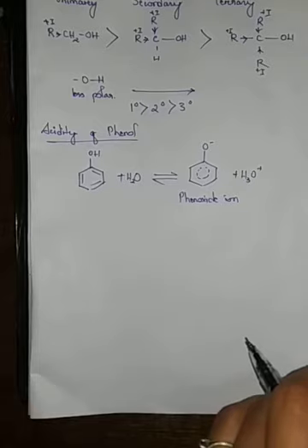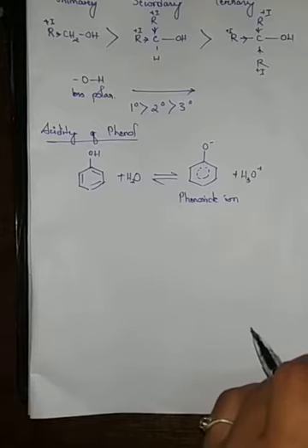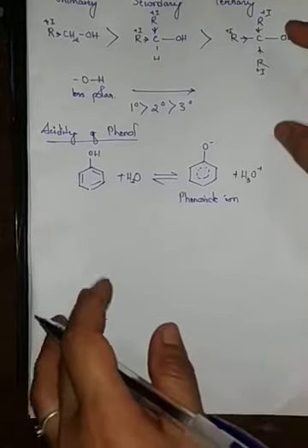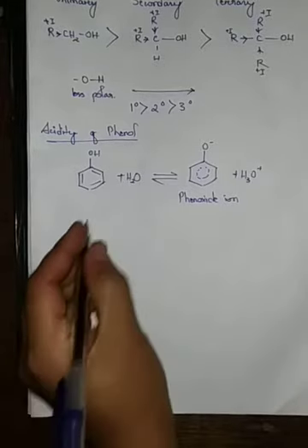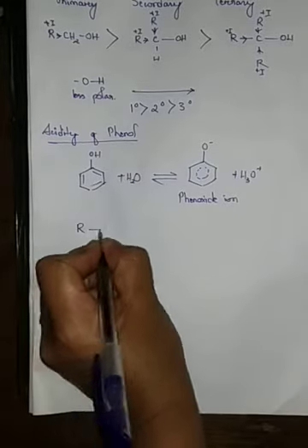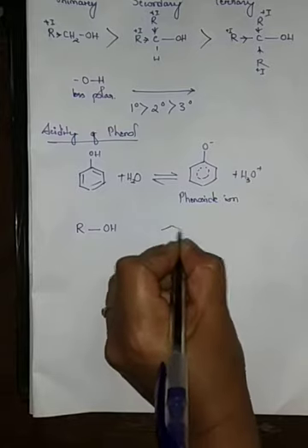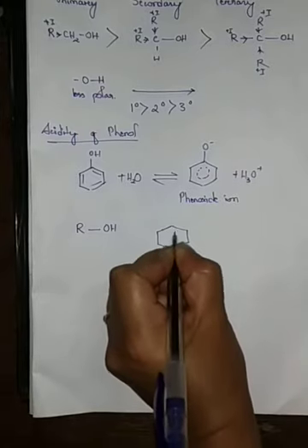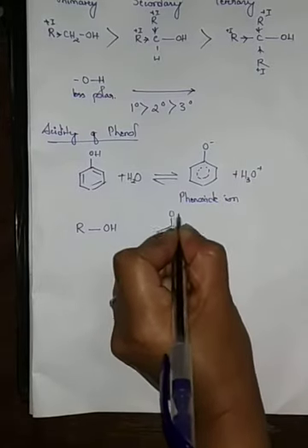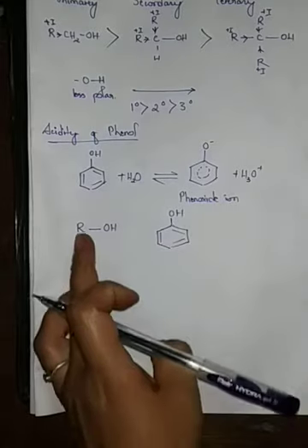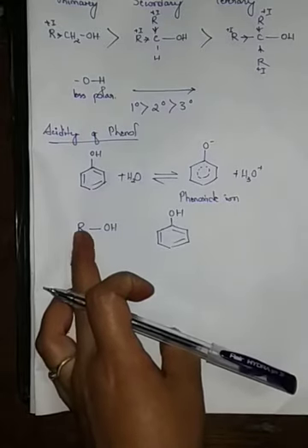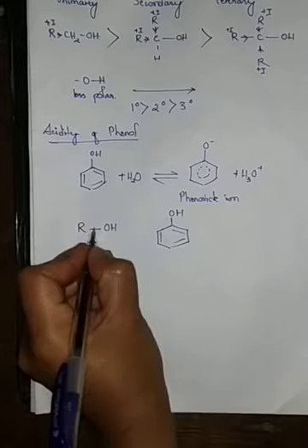Now, if we compare the acidity of phenol and alcohol, let's write here an alcohol with an OH group and then a phenol. Let's compare the acidic strength of alcohol and phenol. In alcohols, an alkyl group is attached.